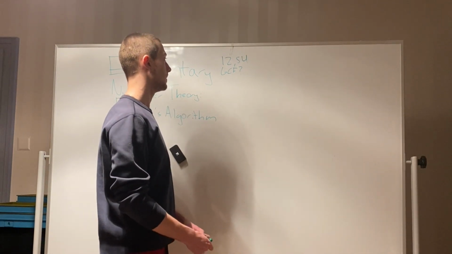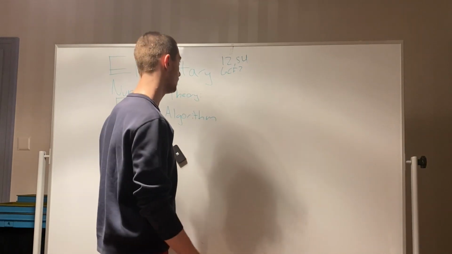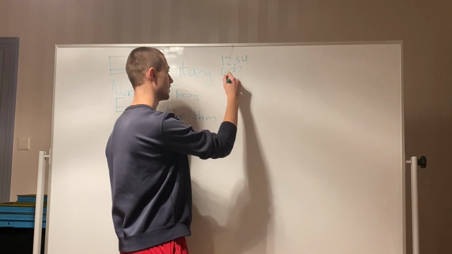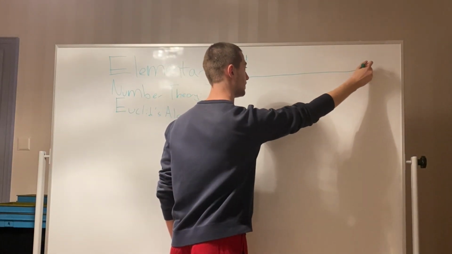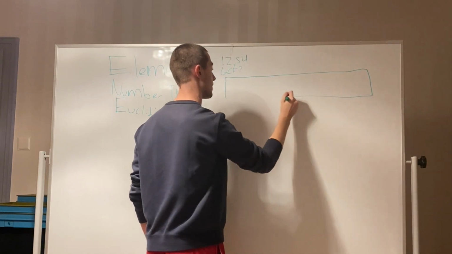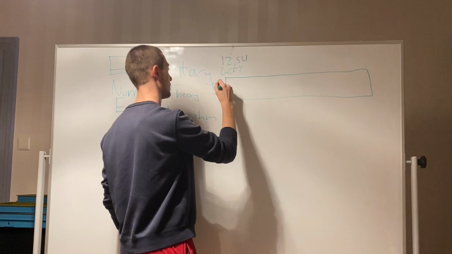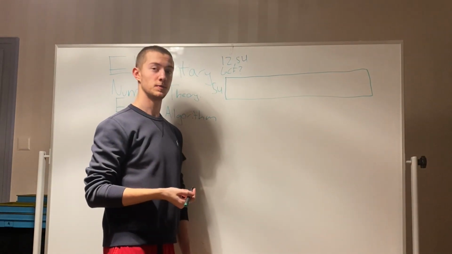Let's say that we want to find the greatest common factor of 54 and 12. In order to understand this visually, first we're going to draw out the 54 as a long big block. So this is 54. Now how many times can 12 go into 54?